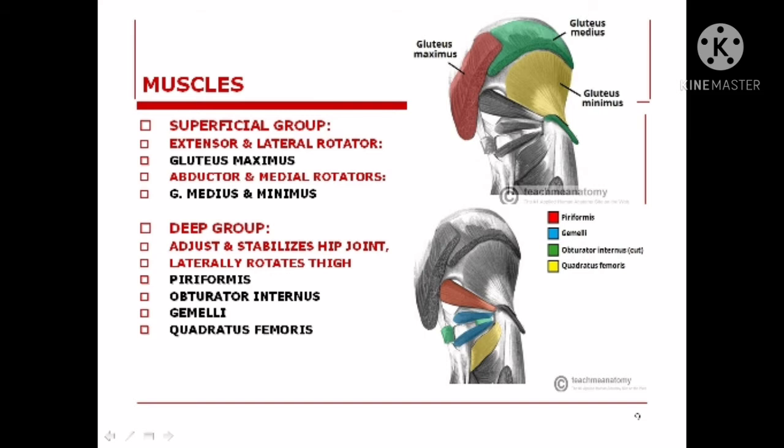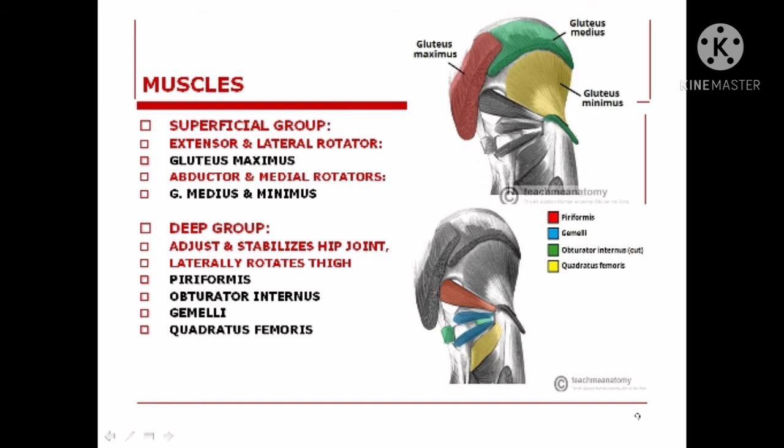The muscles of the gluteal region: the superficial and the deep group. The superficial group forms the mass of the gluteal region, the entire bulge of the gluteal region. It is composed of three muscles.